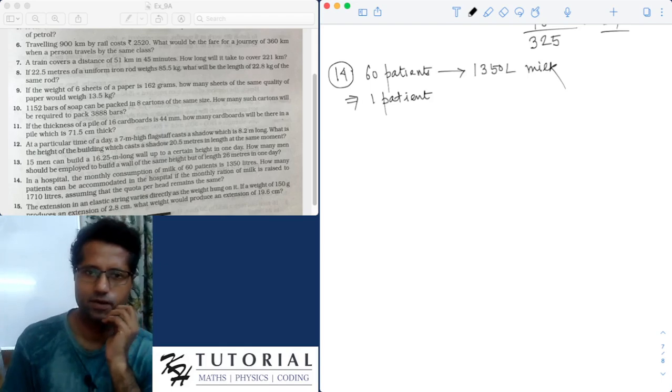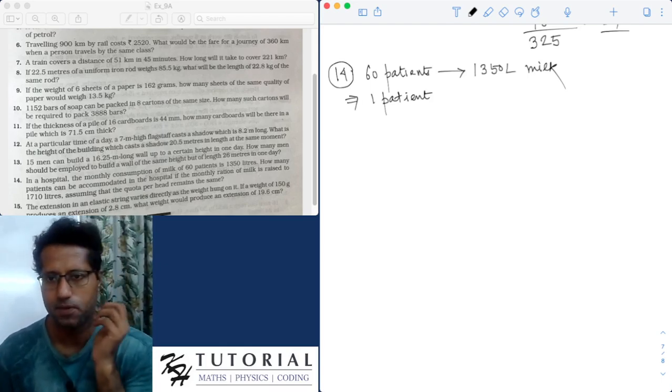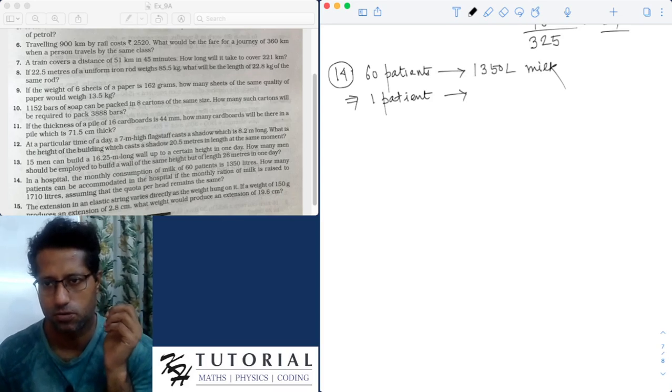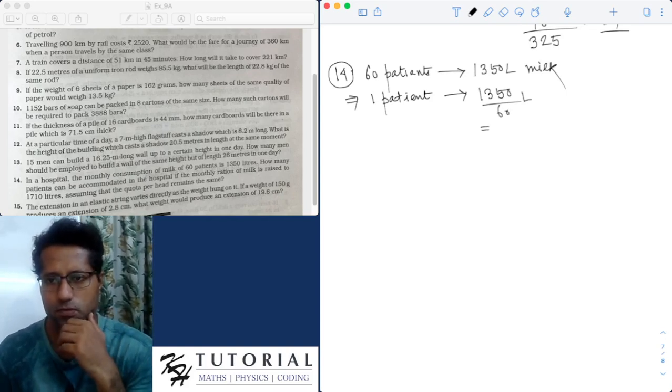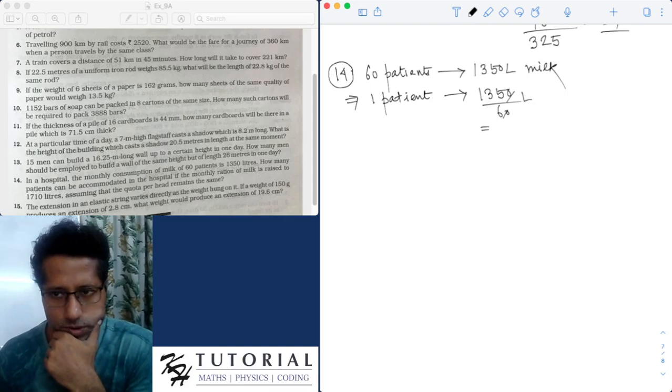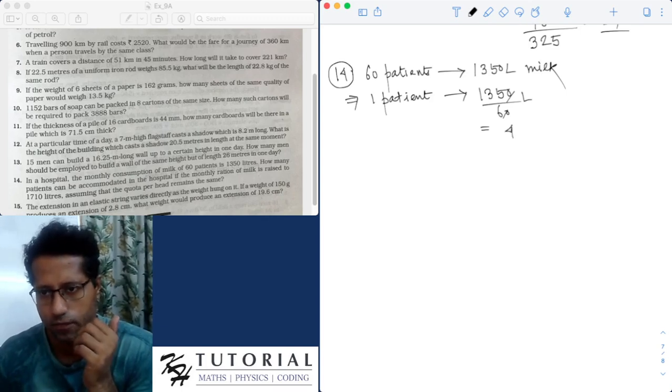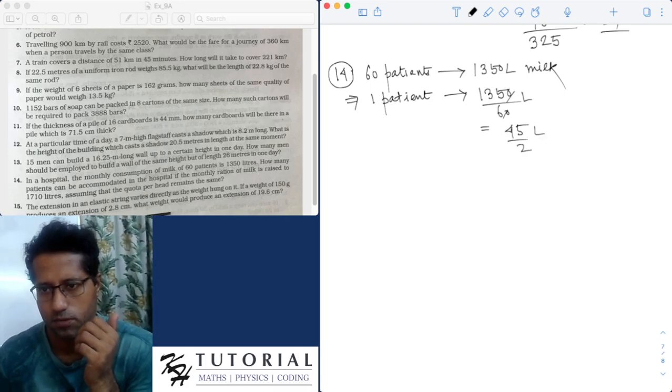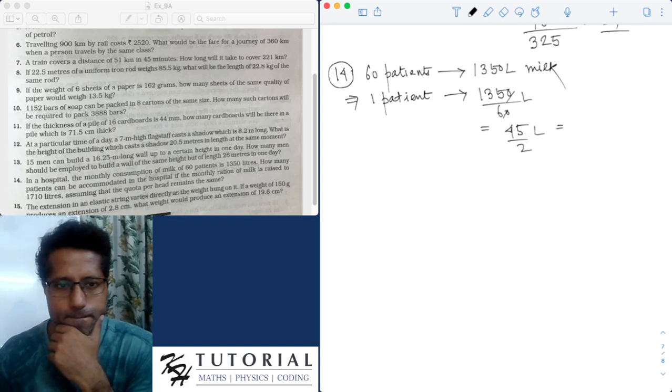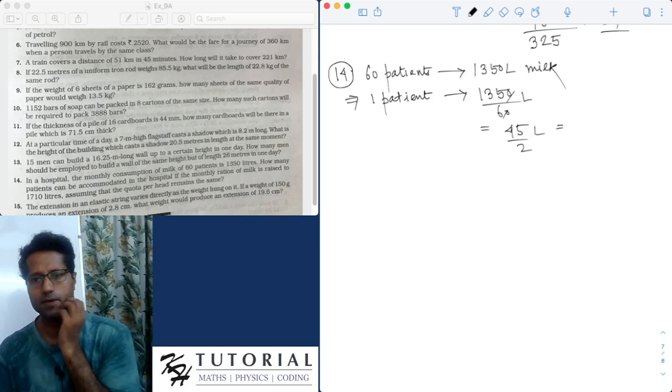Okay, so one standard way using the unitary method is that one patient consumes 1350 divided by 60 liters of milk. This equals 45 by 2 liters of milk.